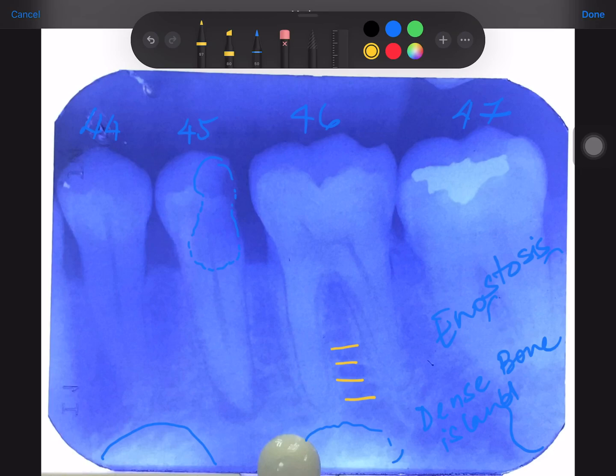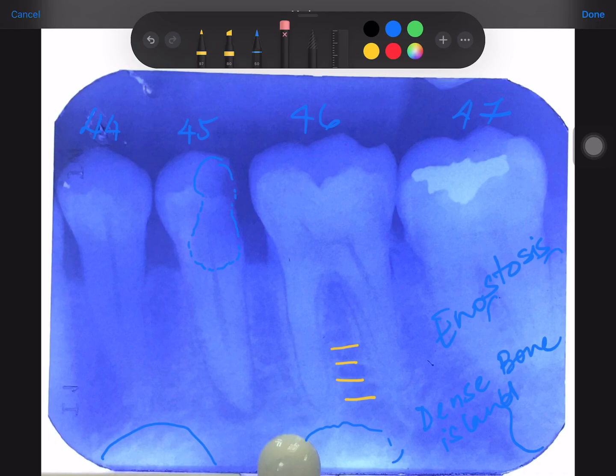We can see a nice, well-defined radiolucency here. So you will observe what has happened to the PDL and the lamina dura? Loss of lamina dura. You actually cannot even make out the lamina dura anymore.